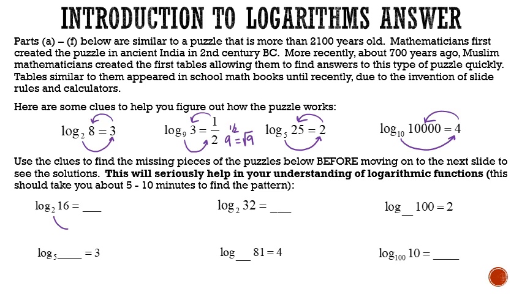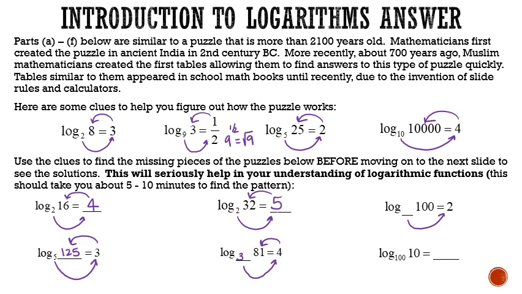So 2 to what power is 16? And that's 4. 5 to the 3rd power is 125. 2 to what power is 32? And that's 5. So what to the 4th power is 81? That's 3. When you take 3 and put it to the 4th power, you get 81.